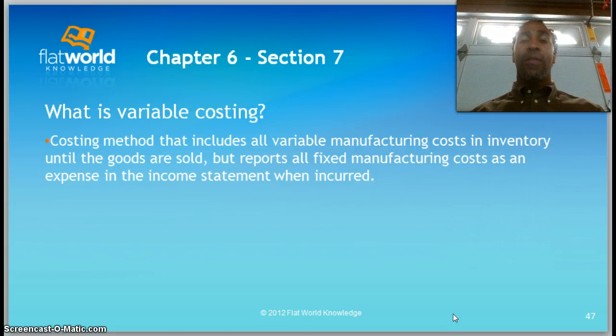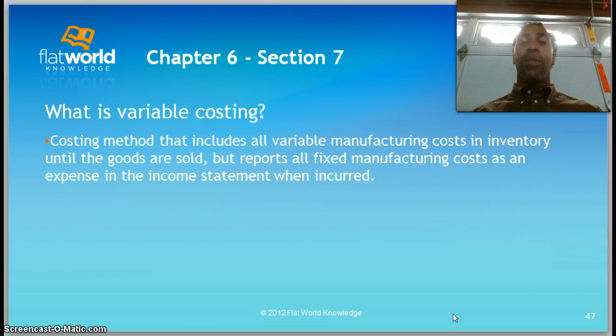So just the variable manufacturing cost in inventory until the goods are sold, as opposed to the variable and the fixed cost, but it reports all fixed manufacturing costs as an expense in the income statement when incurred. So when they are incurred, they are noted as an expense in the income statement. So if you don't have to pay this till the end of the month, then hey, we'll put that on the income statement and pay that fixed cost at the end of the month because it doesn't really have anything to do with our production, right?